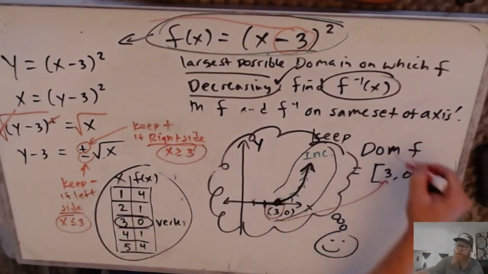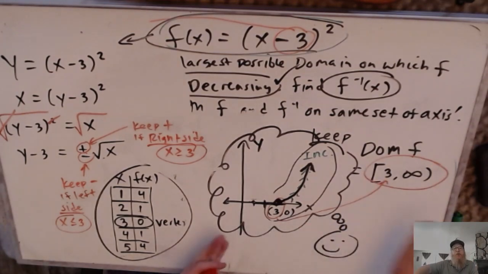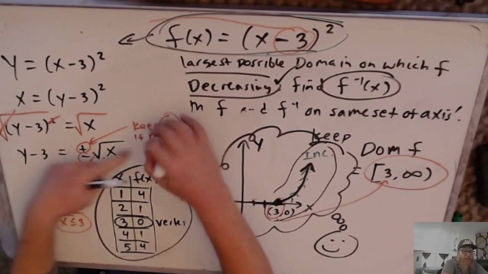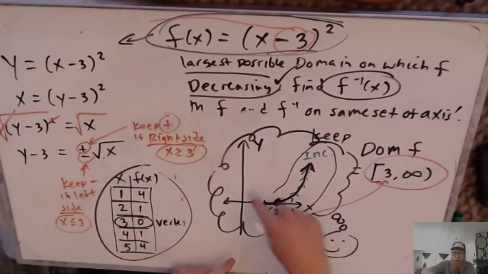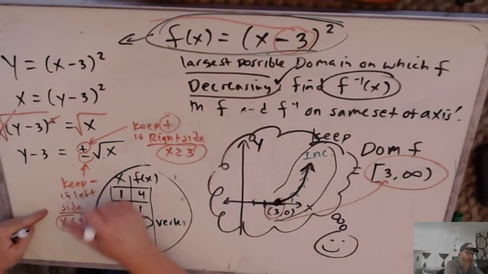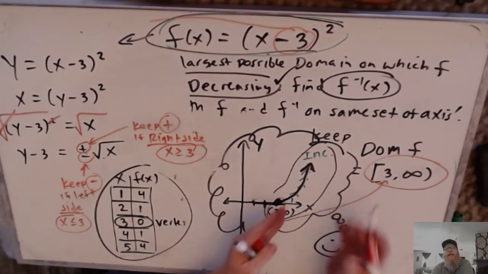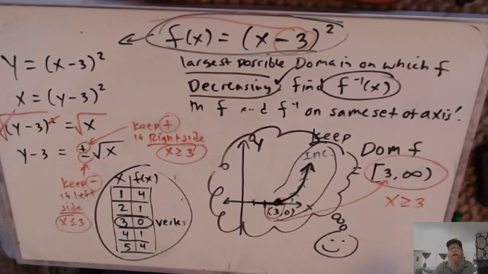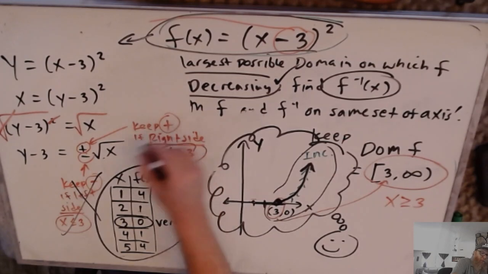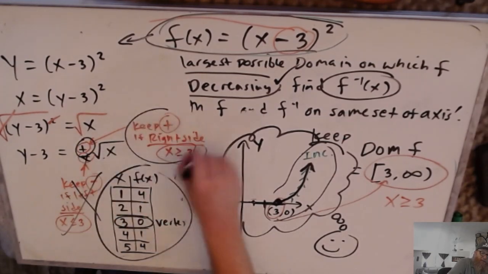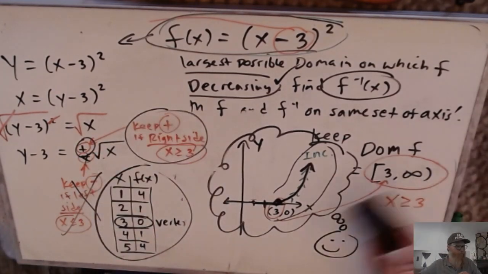So you have to look at your domain. If you kept the right side of the graph, well, then you're going to keep the plus on your square root. If you kept the left side of the graph, then you're going to keep the negative. All right. So clearly, we kept the right side because x is greater than or equal to 3. We deleted the left side. Yeah. So we don't want this. We want this. All right.